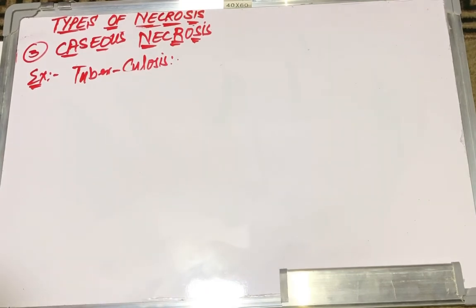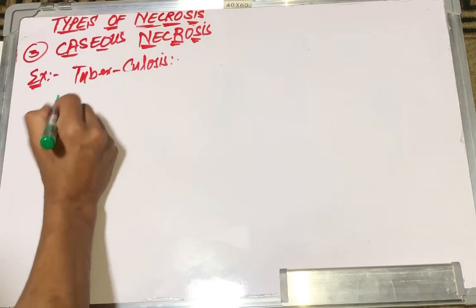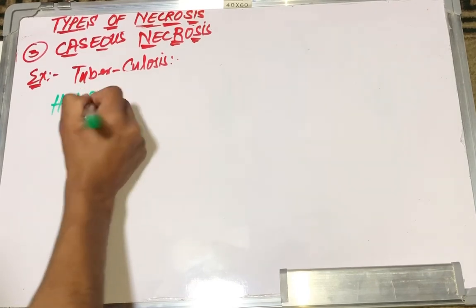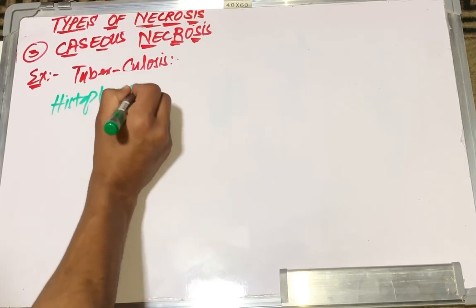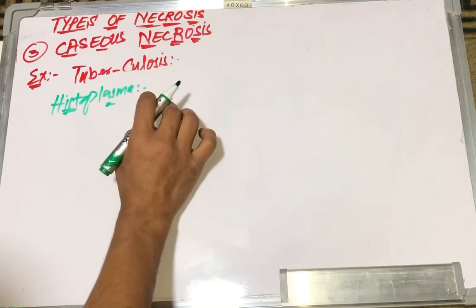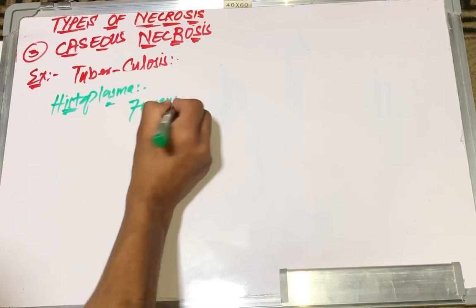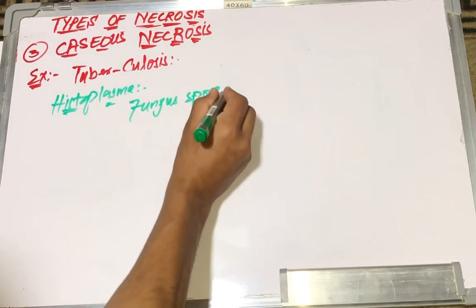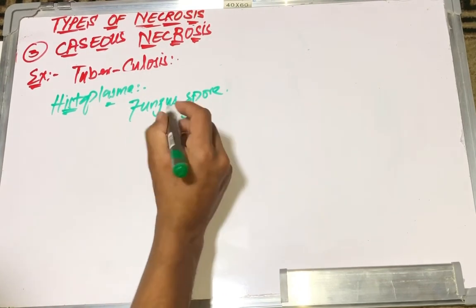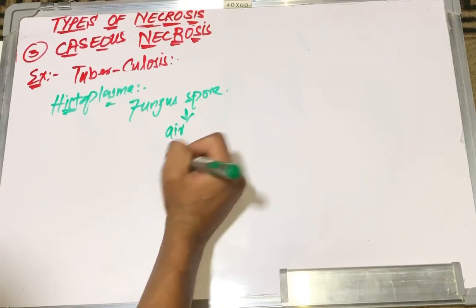Now we will discuss histoplasmosis. Histoplasmosis is also a fungal infection. It is caused by fungus spores. From where do these spores come? They are present in the air.